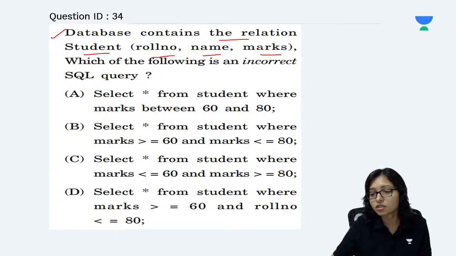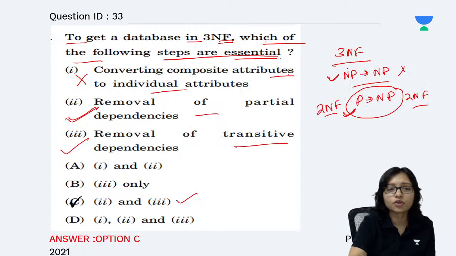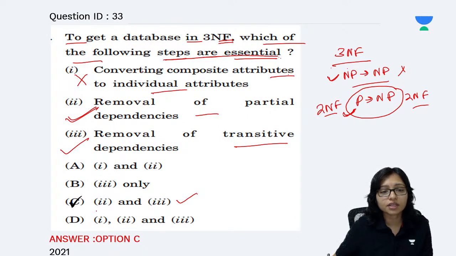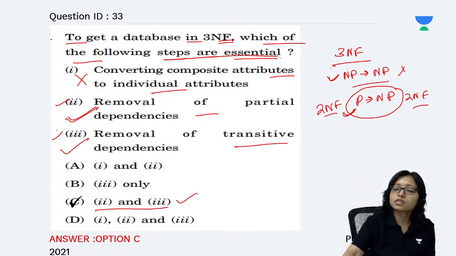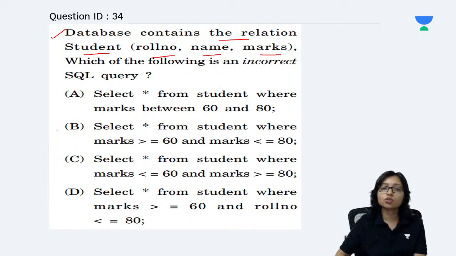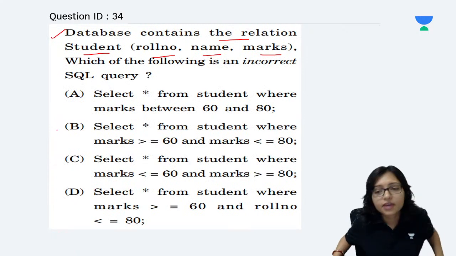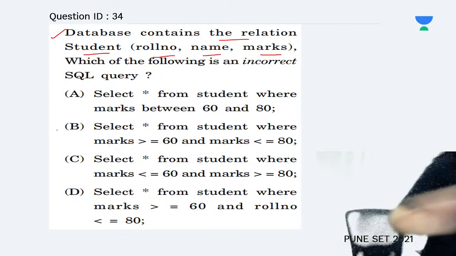Tell me the question. 3NF. 3NF question I told already. 3NF question definitely 2 and 3 is correct. Which of the following is the essential step? 2 and 3 is the essential step. Which question? Poonam, specifically tell me which question. Specifically let me know which question you are telling.